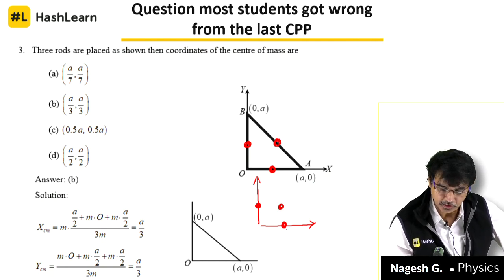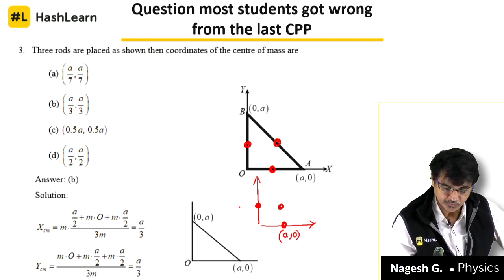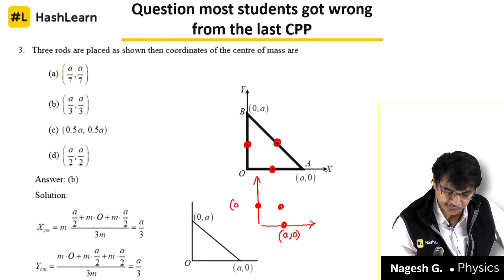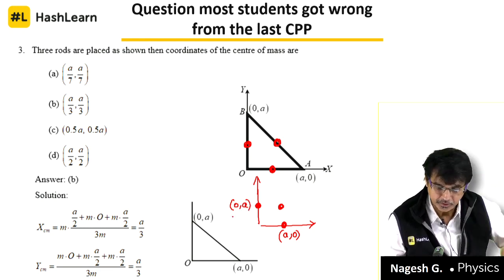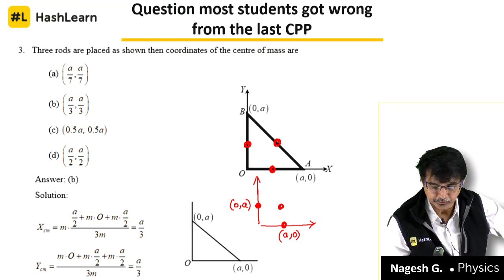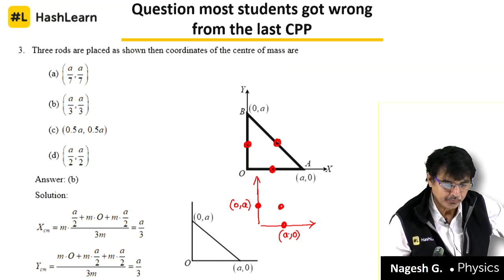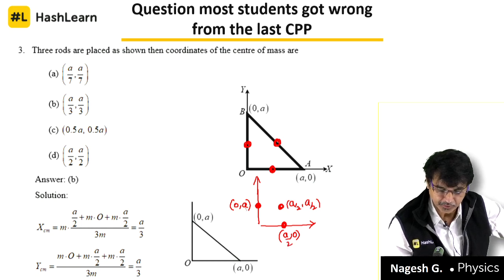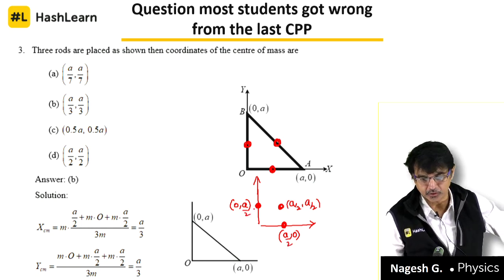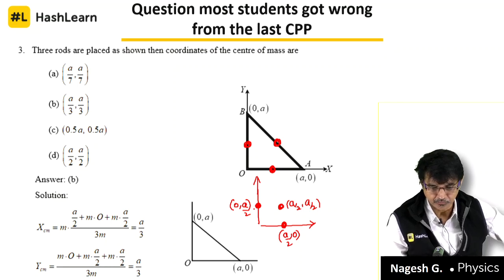The particle on the x-axis is at (a/2, 0), the particle on the y-axis is at (0, a/2), and the third one has coordinates (a/2, a/2). These are the coordinates of the system.